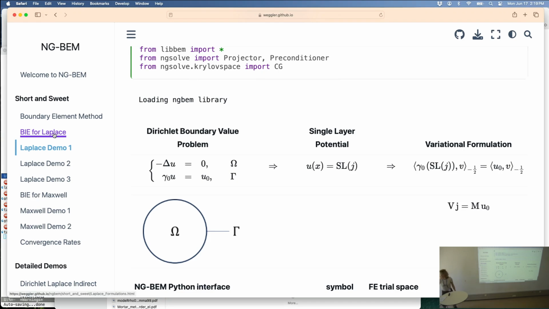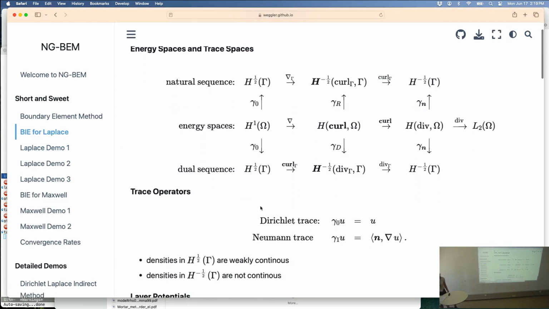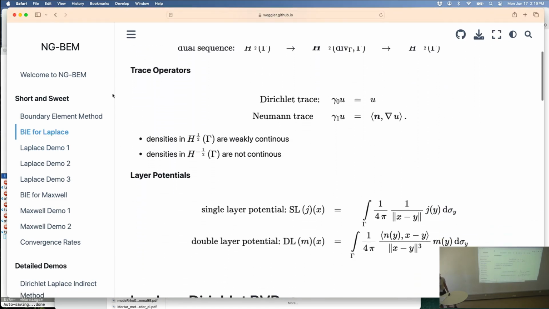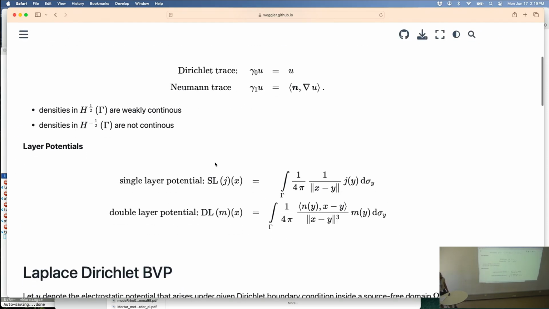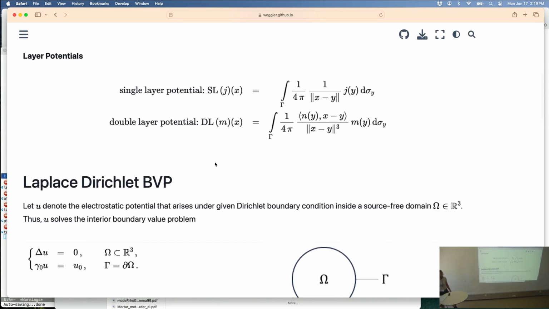We have to quickly jump into this again to see the potentials. When I started this talk, I said that we have an ansatz for the solution of the boundary value problem. And now I call the ansatz functions potentials, layer potentials.